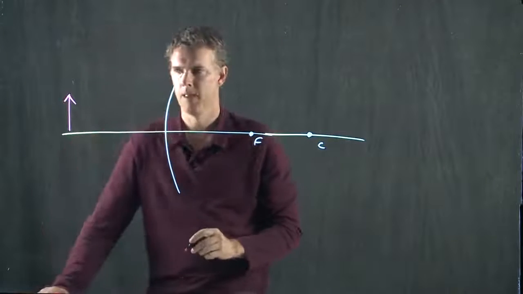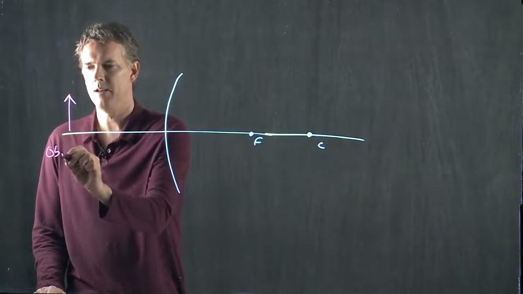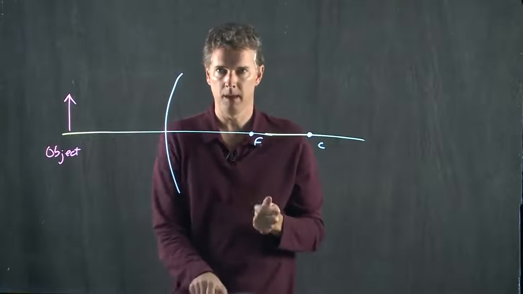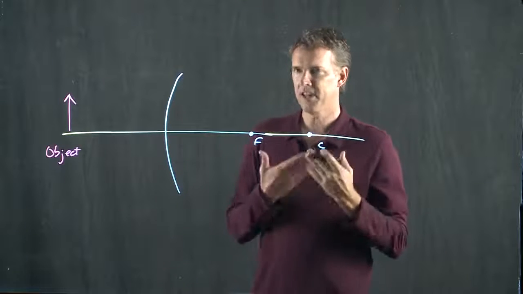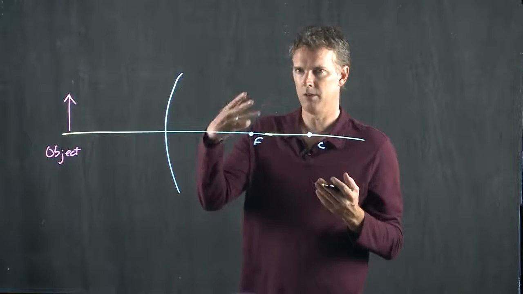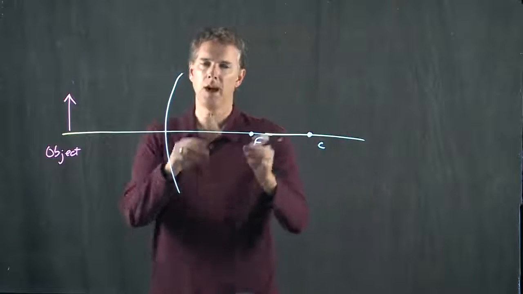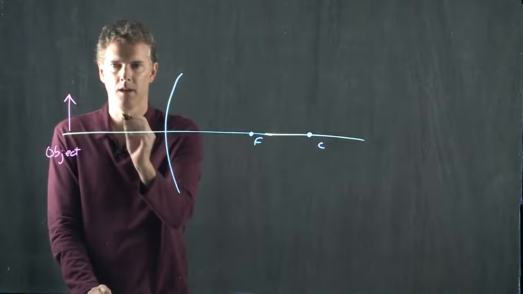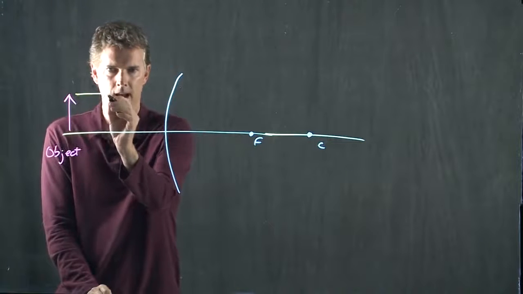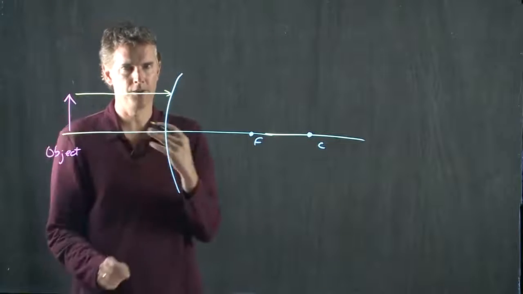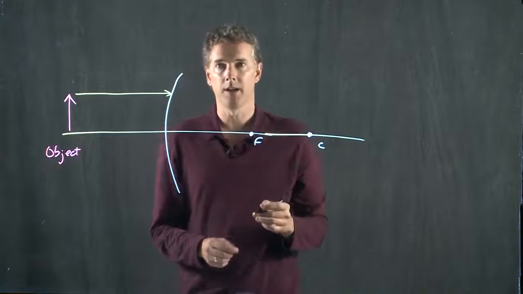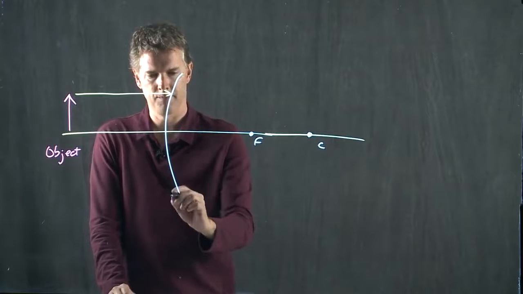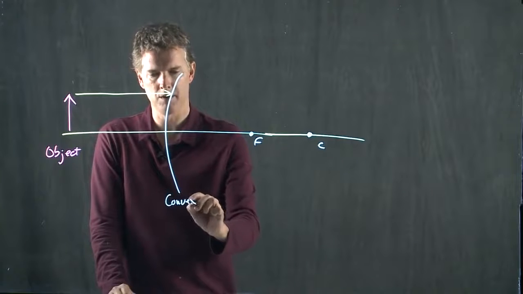So if I put my object right there, how do I find the rays that are going to form the image? We do the same thing that we did before. We follow those 3 rules, except we have to remember that the focus is over here and the center is right there. So this says that rays that are parallel to the optic axis are going to go through the focus. But this thing is a mirror, right? It's a convex mirror.